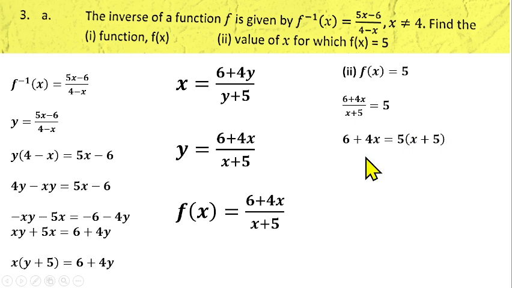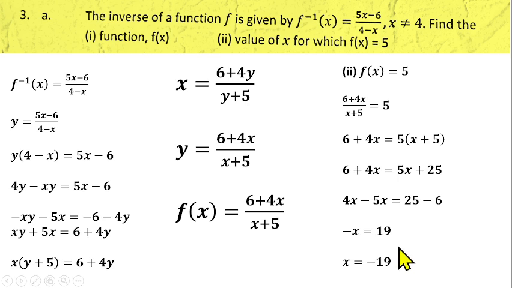Open the brackets. From there we have 6 plus 4x equals 5x plus 25. Then from there, collect like terms, we have 4x minus 5x equals 25 minus 6. So you'll have minus x equals 19. Multiply both sides by minus, so you'll have x equals minus 19. So that's for question number 3a.